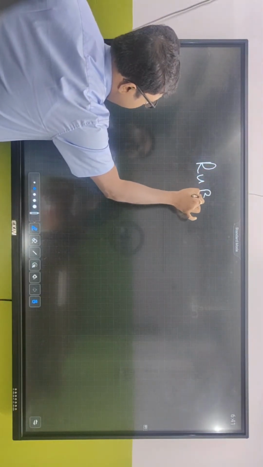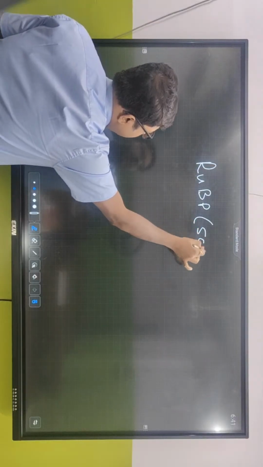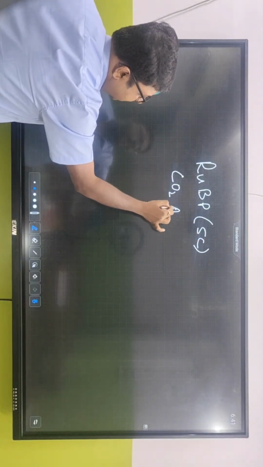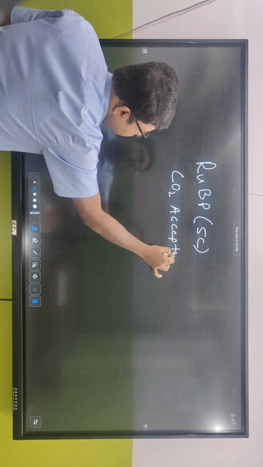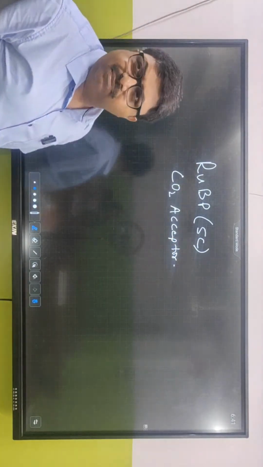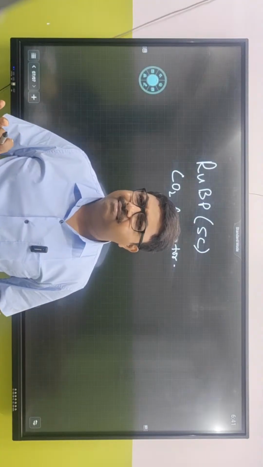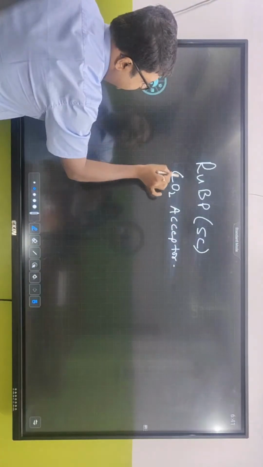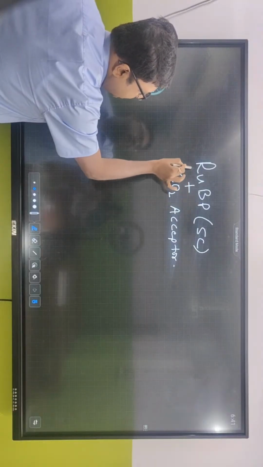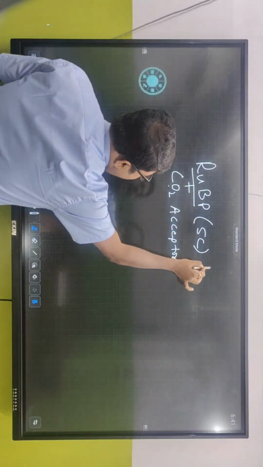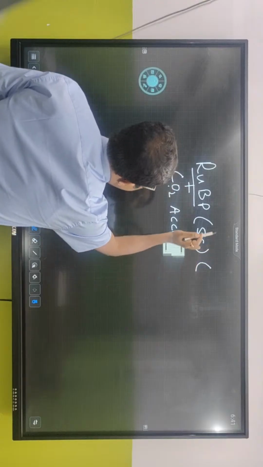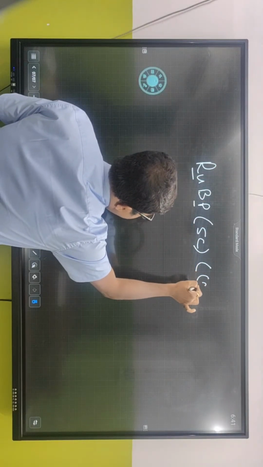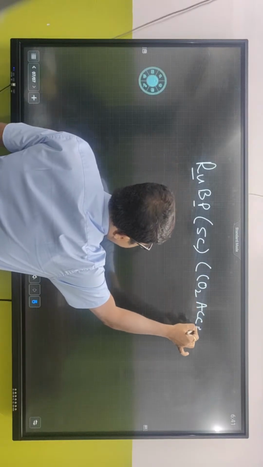Remember RuBP, which is a 5 carbon compound and a carbon dioxide acceptor in the dark reaction, that is the C3 cycle. Now, carbon dioxide is accepted by RuBP because RuBP acts as a carbon dioxide acceptor.